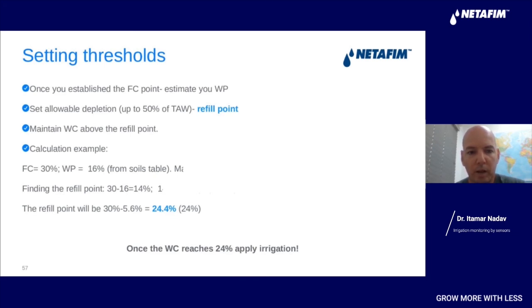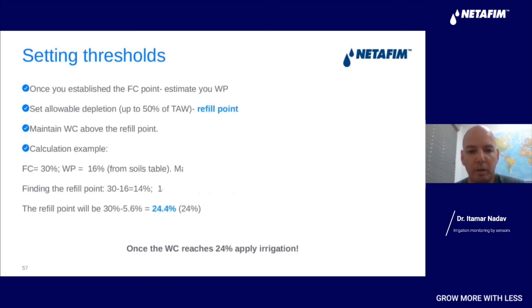So I can multiply the 40% by 40%, which is the allowable depletion, and the new threshold is now 24%. So this is the new threshold for irrigation.